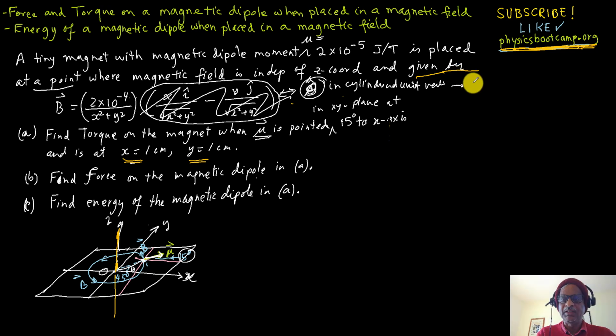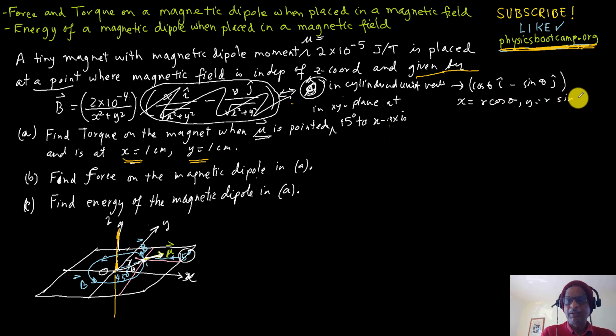So this would be written as cosine theta i hat minus sine theta j hat, and that's probably easier to manage than x and y like that, because x will be r cosine theta, if this is r, and then y is just r sine theta. And I noticed this should be a square root here. Okay, so that's the error notice.